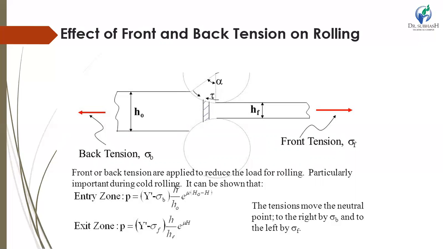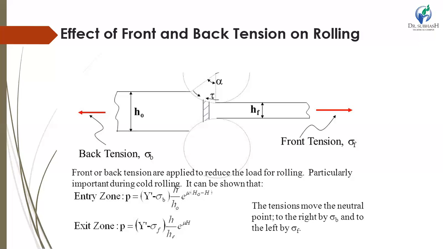The roll forces can be reduced by the following methods. The first is to reduce contact area by using smaller diameter rolls. To reduce contact area, you can also take smaller reduction in every pass.